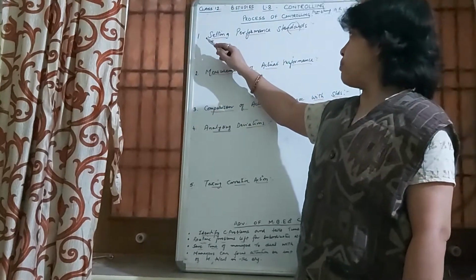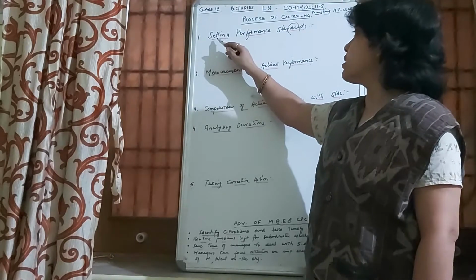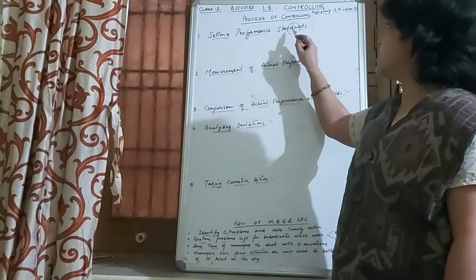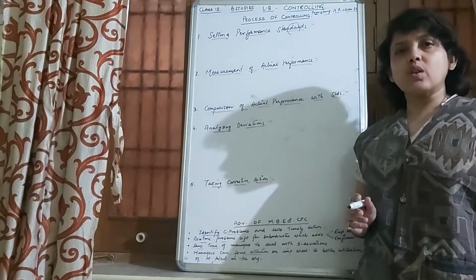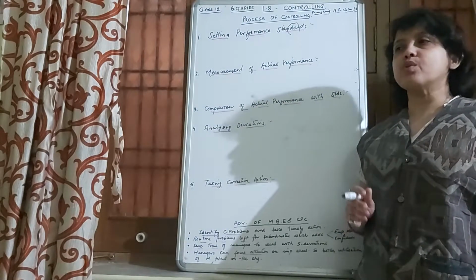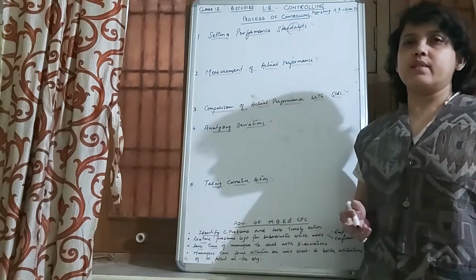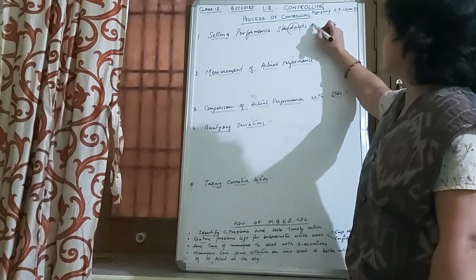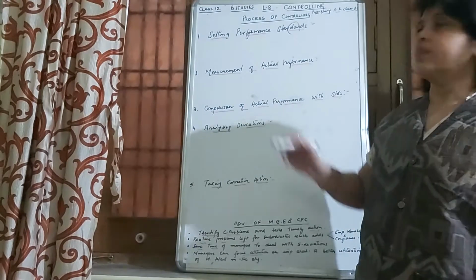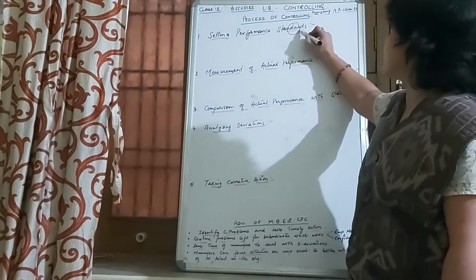Now, the first step in this process of controlling is setting performance standards. In an organization, always before the work begins, standards are set. What is this standard?